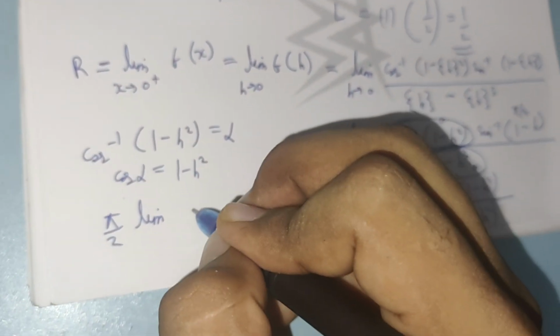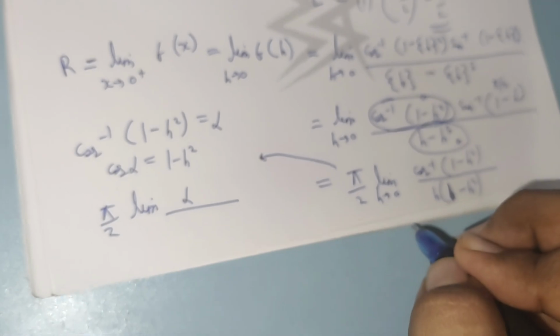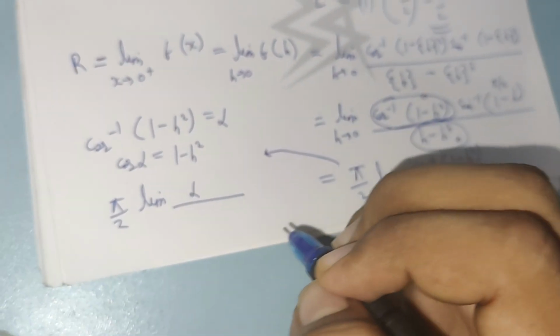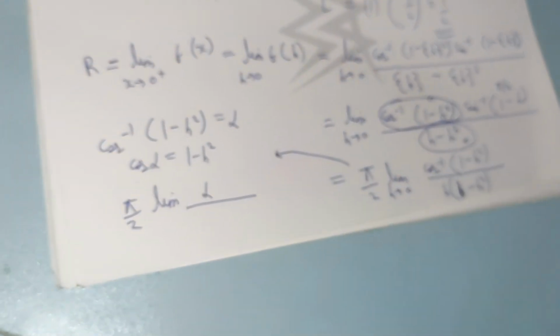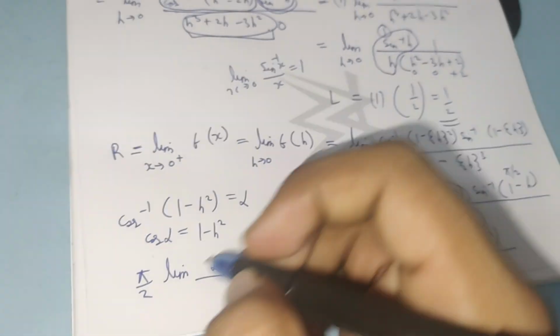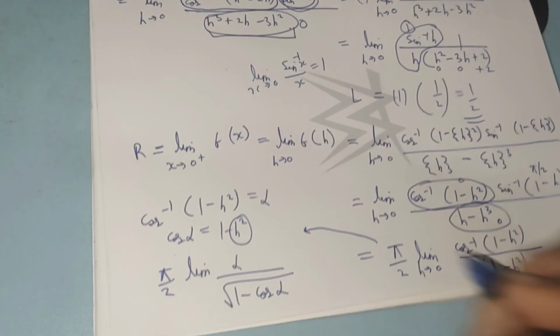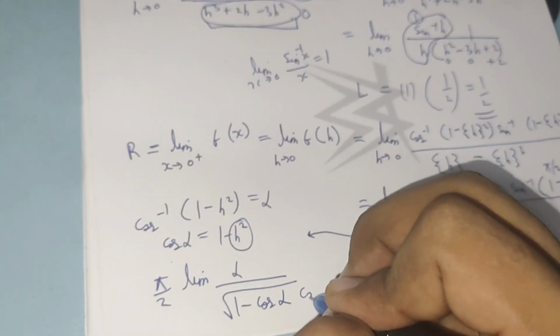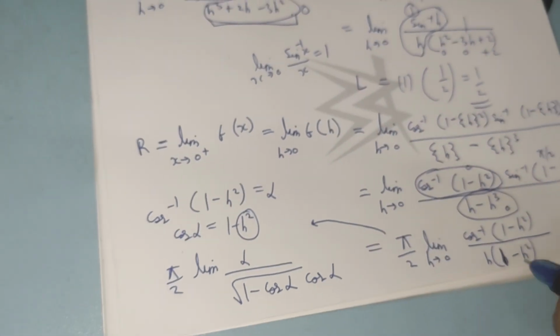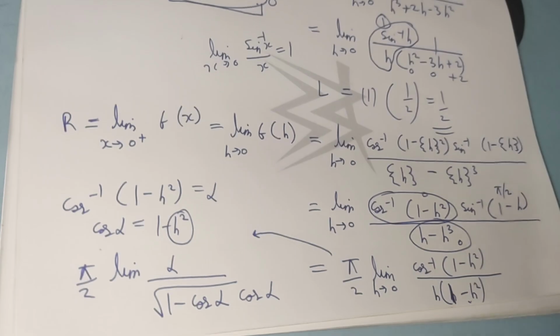So alpha upon h, I will take it as root of 1 minus cos alpha, okay, from here, and then 1 minus h square I can take it as cos alpha.